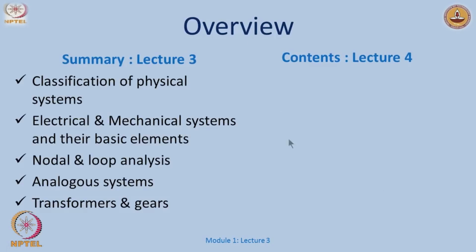Okay. So, what have we learned so far? We have classified physical systems and specifically concentrated on mechanical and electrical systems and their basic elements. We saw how using basic conservation laws via the nodal or the loop analysis helps us get the dynamics of the system. We also established a beautiful analogy between electrical and mechanical systems, and towards the end also learned about energy transformation devices like transformers and gears.